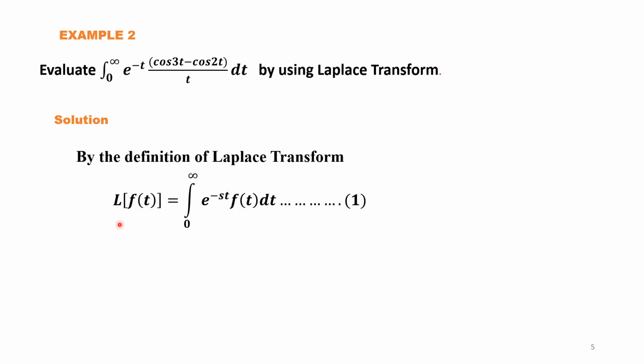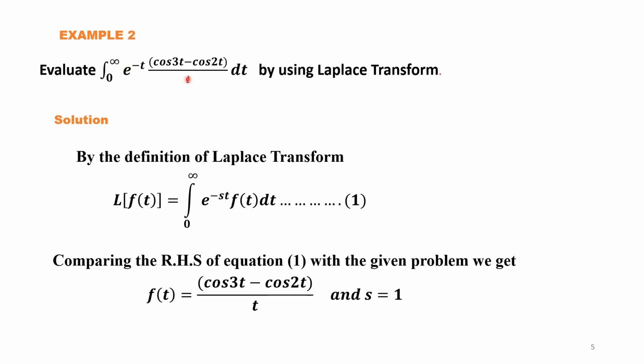So comparing both, we can write f of t to be equal to cos 3t minus cos 2t upon t, and s is equal to 1. When I compare both these integrals, f of t will be cos 3t minus cos 2t by t, and s is equal to 1. So this integral is equal to L of f of t.